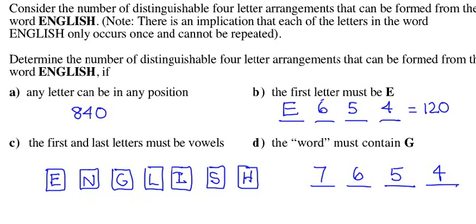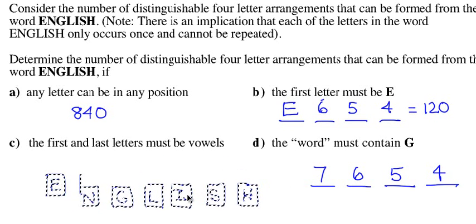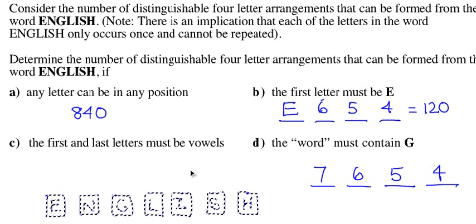Part C, let's see what they've got here. The first and last letters must be vowels. All right. If you look at these letters and think of them as vowels, we've got E as a vowel, I as a vowel, and that's actually it.